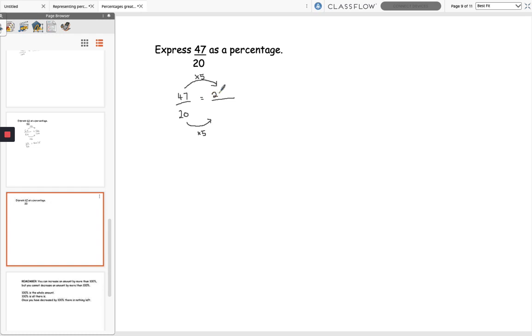So my equivalent fraction is going to be 235 over 100. So 47 over 20 is equal to 235%.